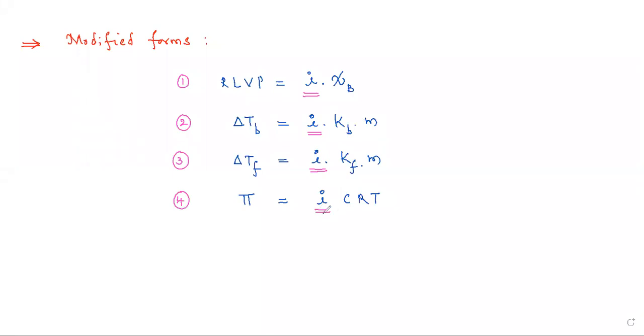So in all the expressions for colligative properties, now we have included Van 't Hoff factor I. So these modified forms can be used for calculating the magnitudes of these colligative properties in case of different types of solutes, even if they undergo association or dissociation. Okay.